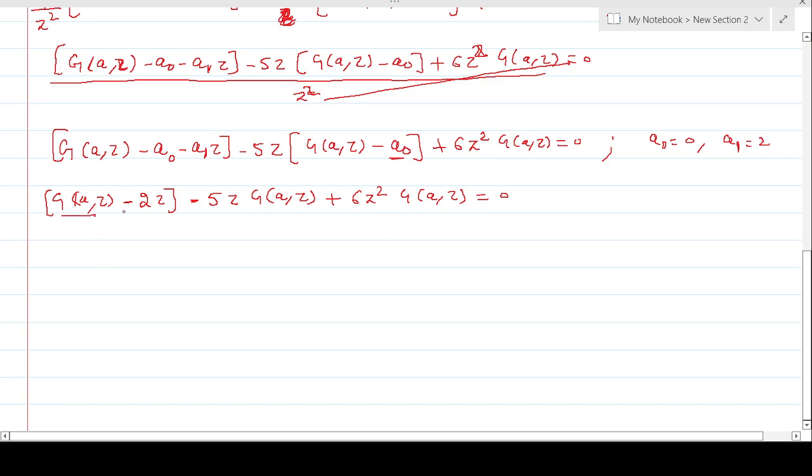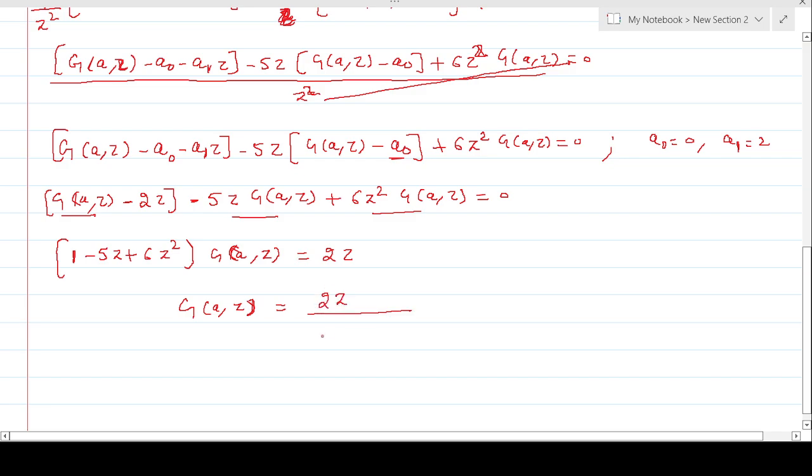Now you combine the terms containing g(z). So it is 1 minus 5z plus 6z square into g(z) equal to 2z. So what is g(z)? g(z) is 2z divided by 6z square minus 5z plus 1.